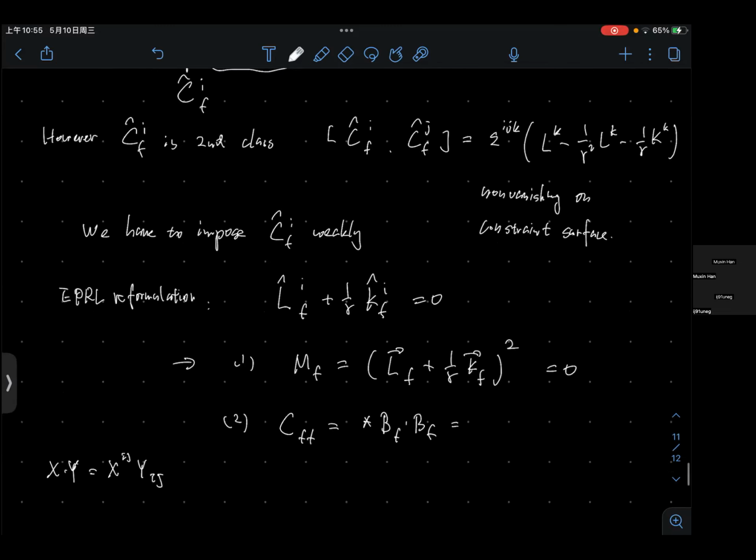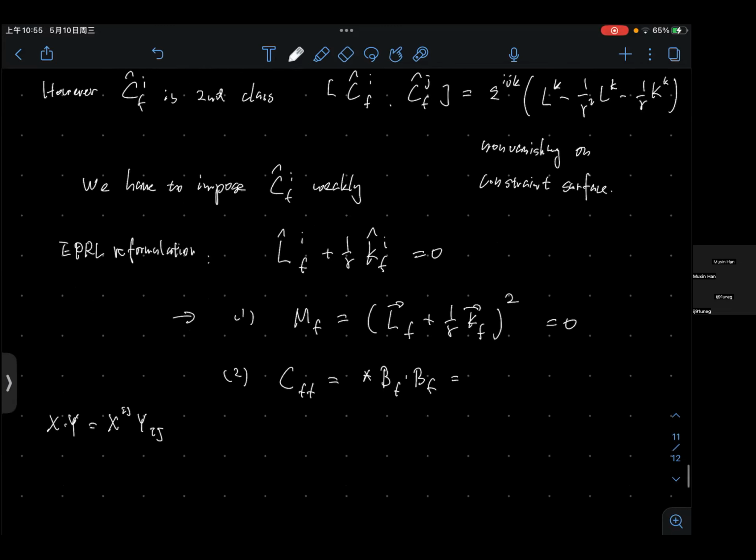Then you can write this in terms of the right invariant vector field: it is star J dot J squared. All right, so this is the EPRL reformulation.